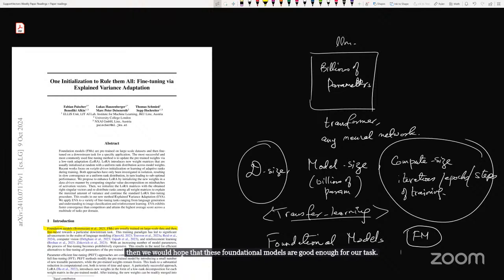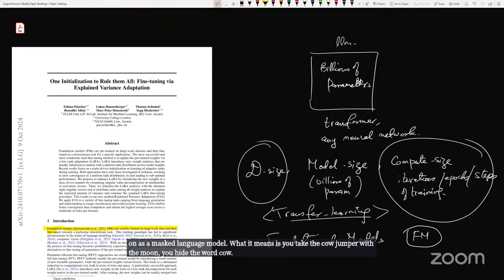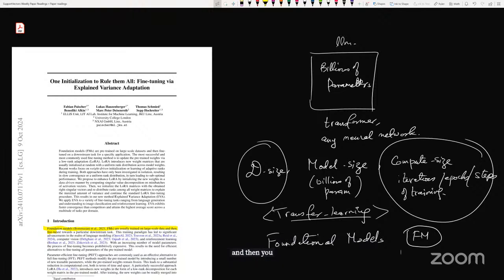For example, and just to recap a bit of history, originally BERT was trained as a masked language model. What it means is, you take "the cow jumped over the moon," you hide the word cow, and then you ask it to guess what jumped over the moon, right? And you train it to say cow.